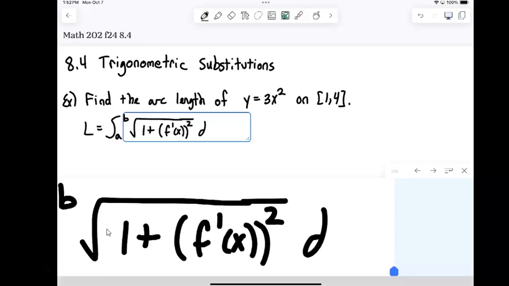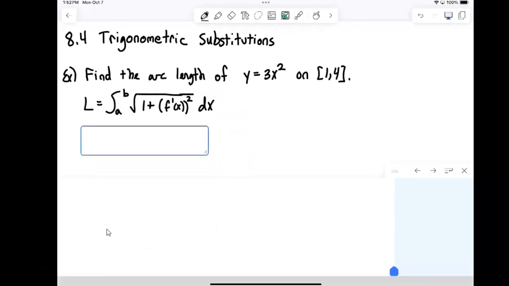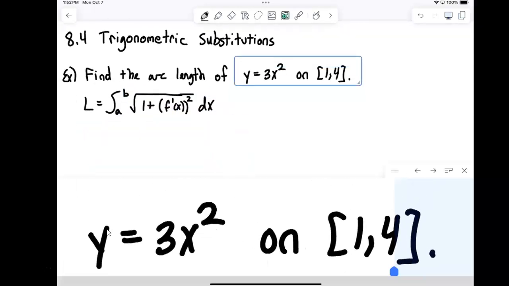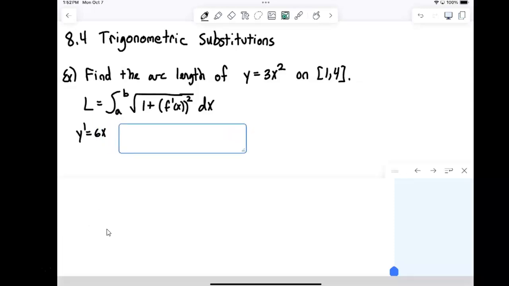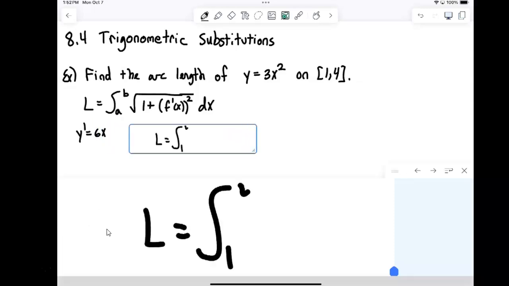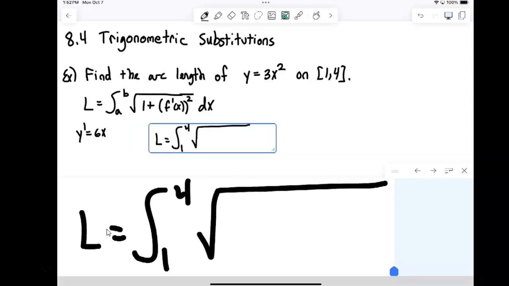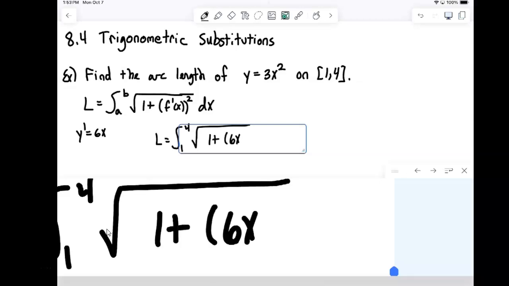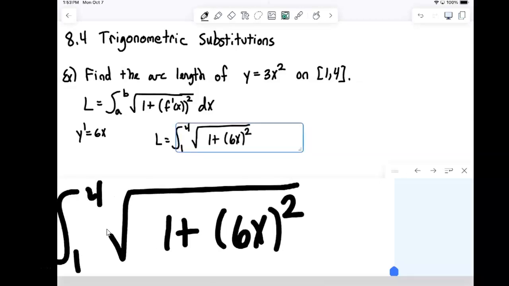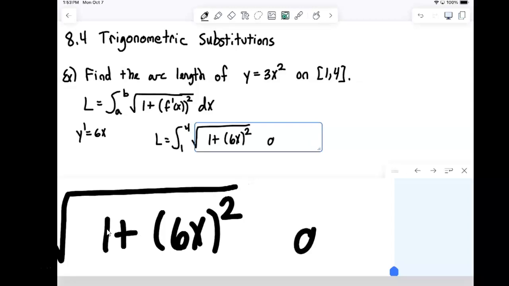squared dx. So in our example, since our function is 3x squared, we need to first compute its derivative. That would simply be 6x. And so the arc length would be the integral from 1 to 4 of the square root of 1 plus the derivative quantity squared dx.